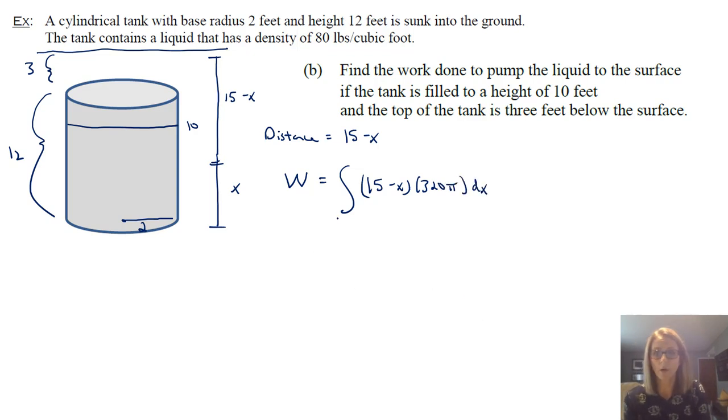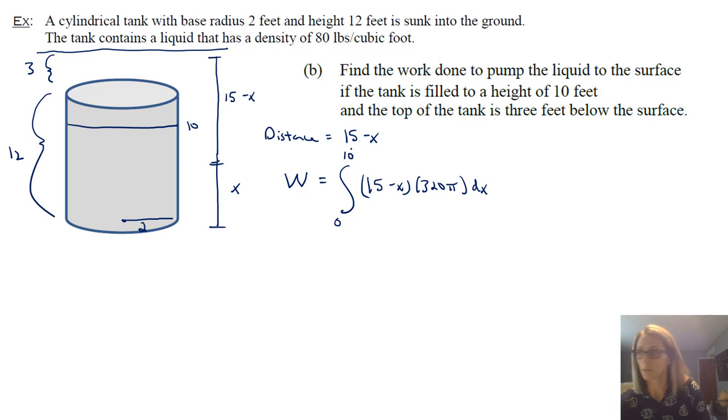But in terms of where we're going, we went from 0 to 12 because we were taking 12 feet of a height of a cylinder up from the bottom to the top. But now we only have that 0 to 10 because we're only filled to 10.